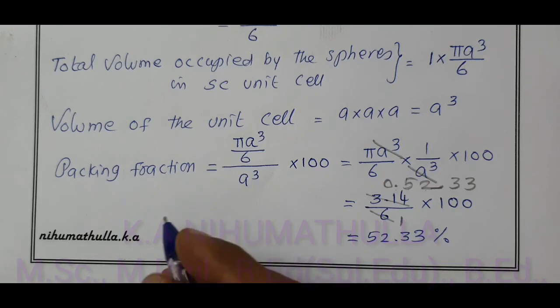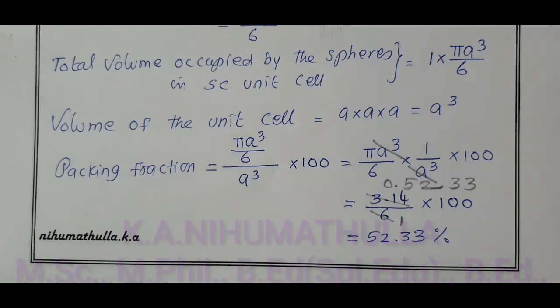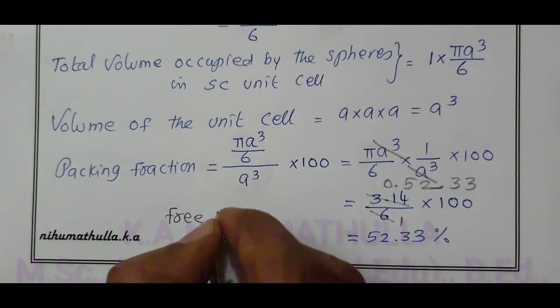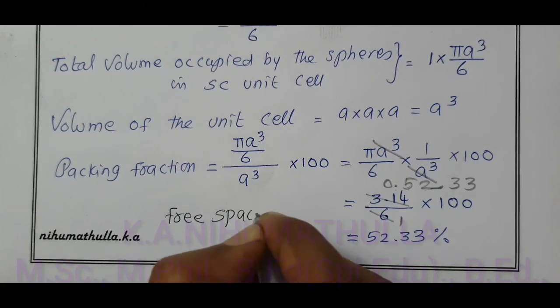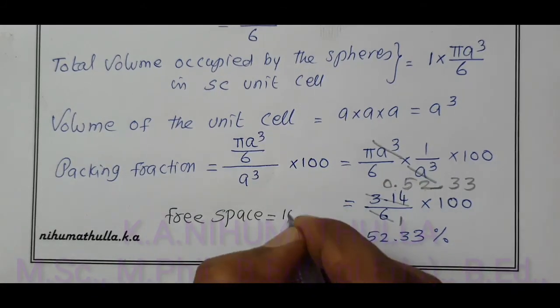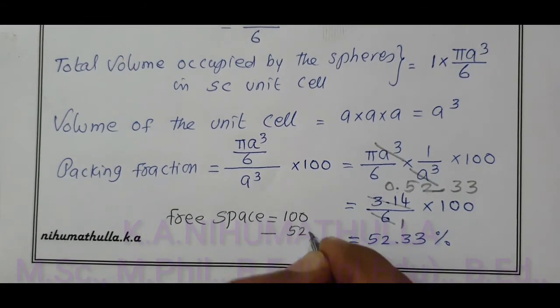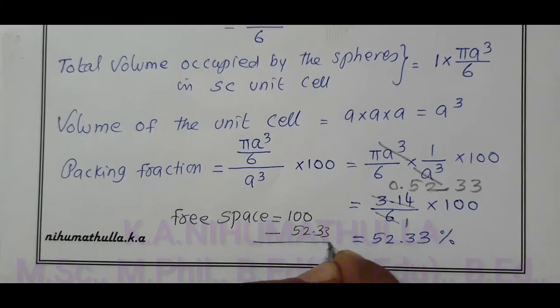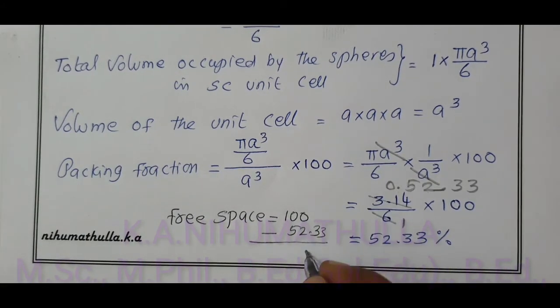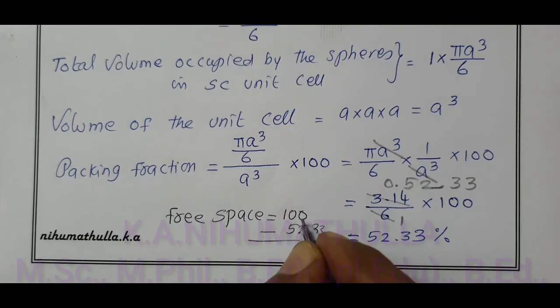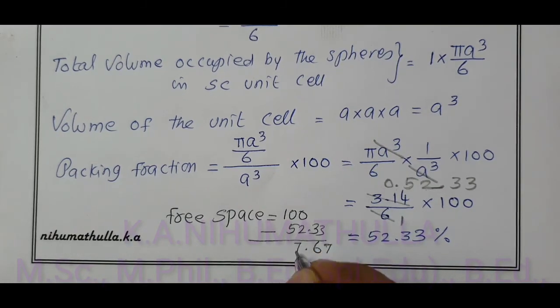Remember always how to find out free space in simple cubic. Free space is equal to 100 minus 52.33, which gives the free space, 47.67%.